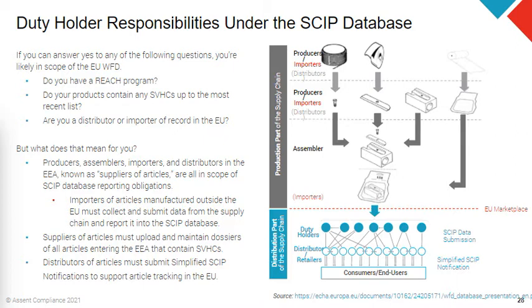So under SKIP, following the 2018 REACH review, it was determined that you've got to do notifications based on the role you play in the supply chain to make sure there's a consistent flow of information. So the obvious ones: if you import products into the EU that contain SVHCs, then you'll have to perform an importer notification.